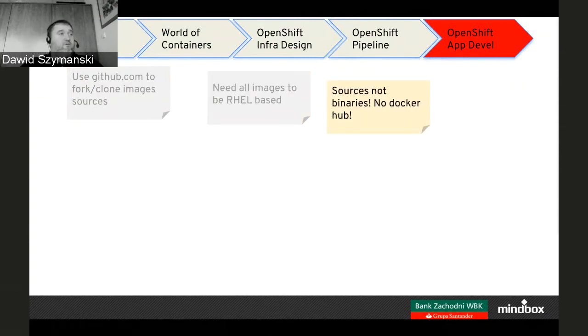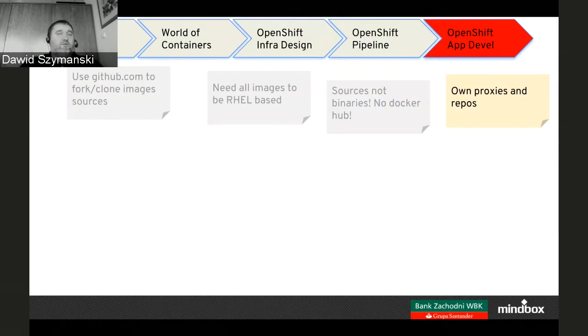As stated before, we are using sources, not binaries, so no Docker Hub. We have our own proxies and repositories, our own GitLab. We are using GitLab internally, our own instance.